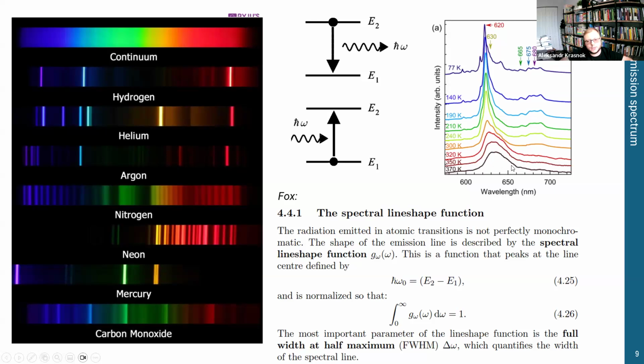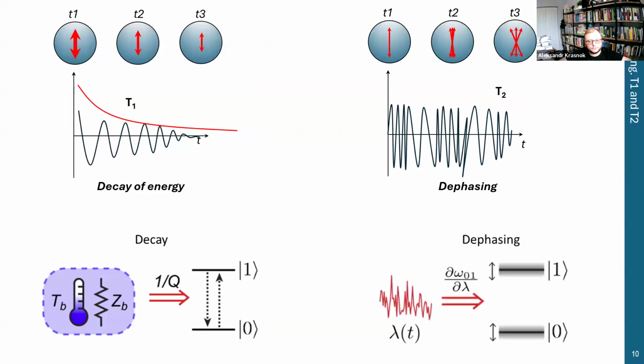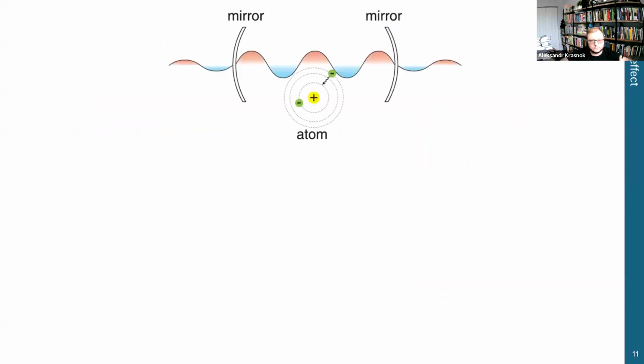So this emission line is so broad because of these thermal fluctuations. If we cool the system down to, let's say, 70 Kelvin, we observe how these fluctuations slow down and become more stable. So the atom loses its phase much slower, and this T2 time is increased.